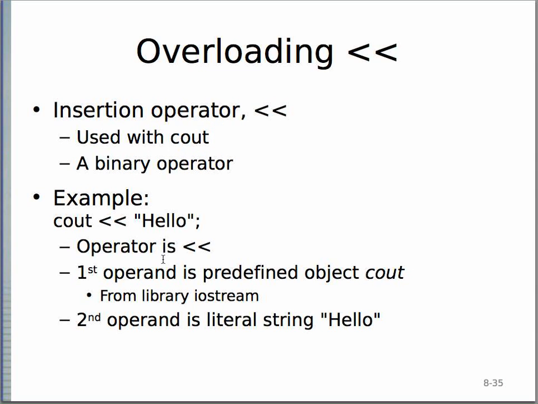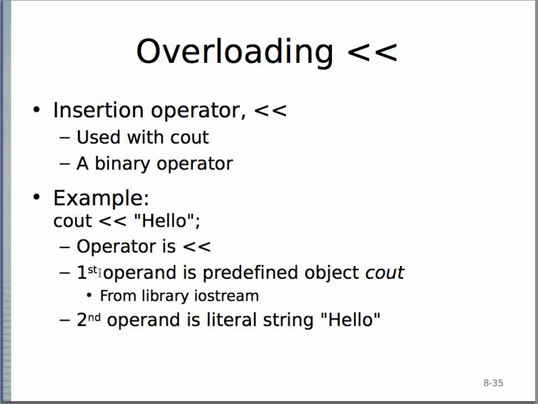Now let's take a look at how to overload the insertion operator. We will use it with cout, although you can use it with files as well. This is a binary operator, and remember, with binary operators there are two operands: the left-hand side and the right-hand side.